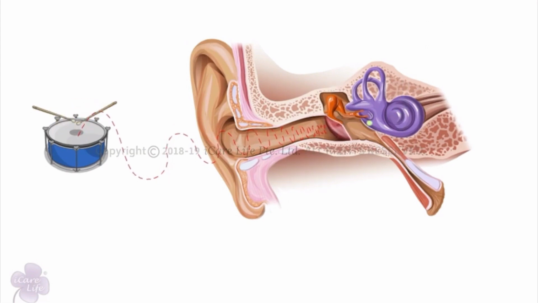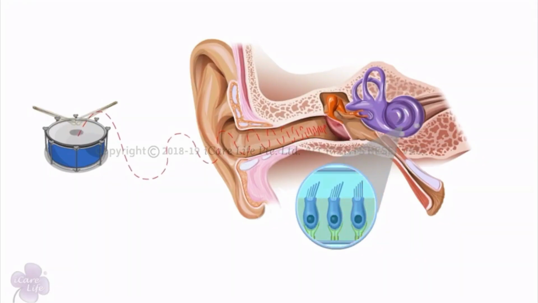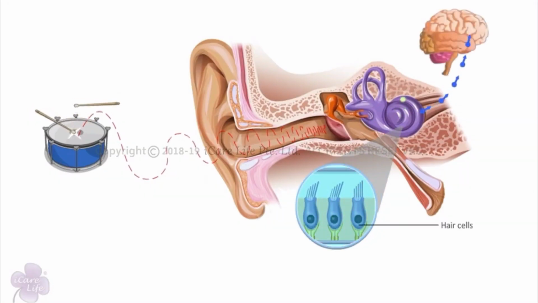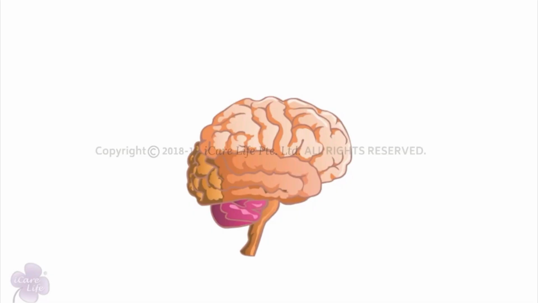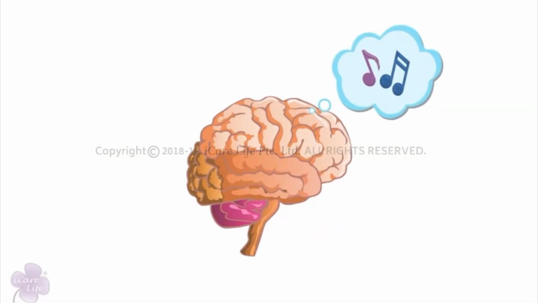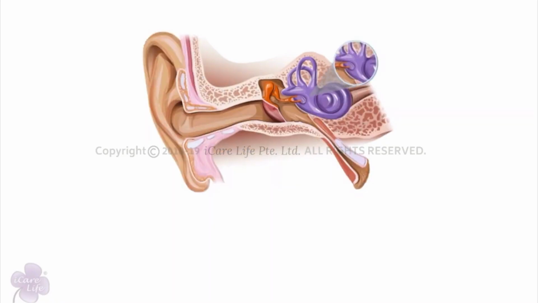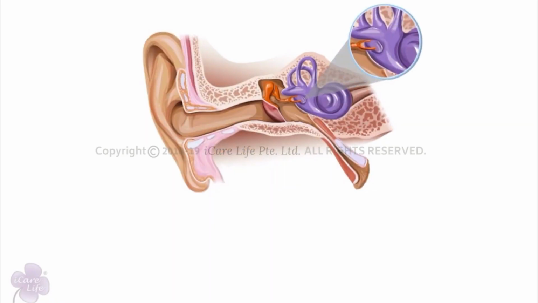This moves the fluid in cochlea, causing the thin hair cells to move and send signals to the brain through the cochlear nerve. The brain interprets the signals, enabling the person to hear the sound. Now, let us understand how the ear maintains the balance of the body.